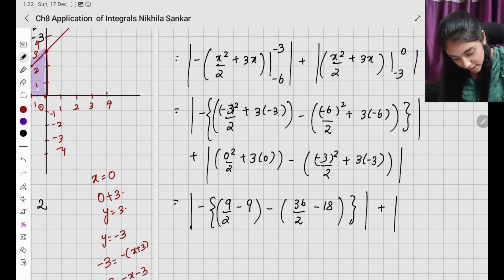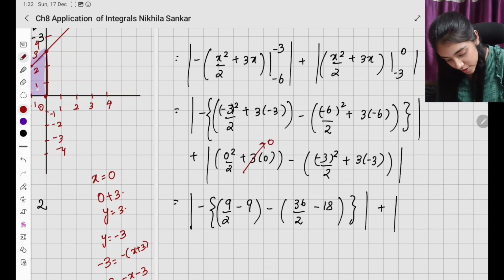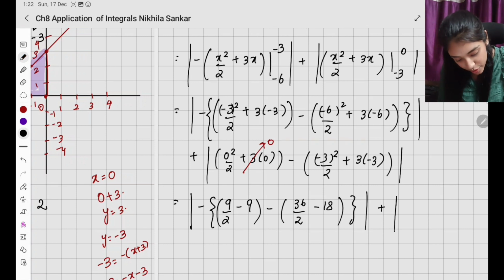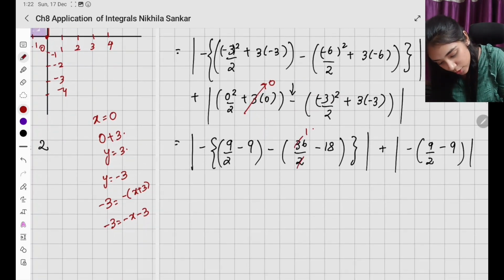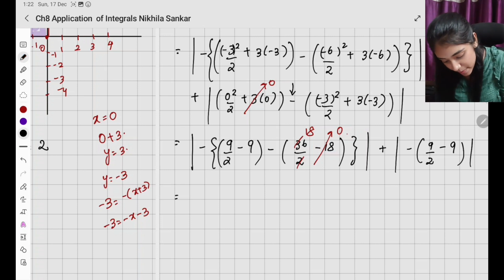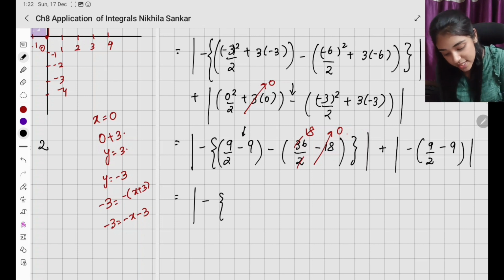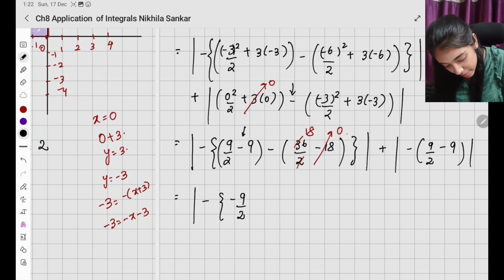Plus, now what is inside this? This term becomes 0, so this becomes 0, and the second term is going to be minus. This minus is there, so inside the bracket I have 3 square, which is going to be 9 by 2 minus 9. Okay, so this is going to be the two 18s, and this particular term becomes 0, 18 minus 18, right? Now the second term is the absolute value of minus; inside this bracket I have 9 minus, taking the LCM, 9 minus 18, which is going to be minus 9 divided by 2, absolute value.